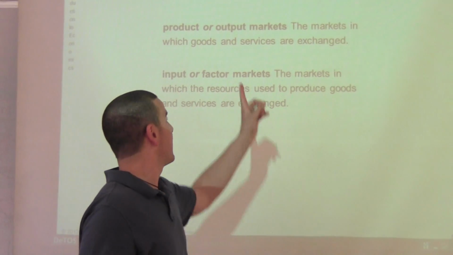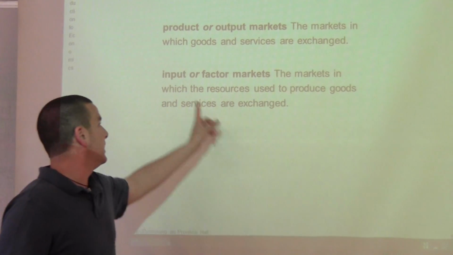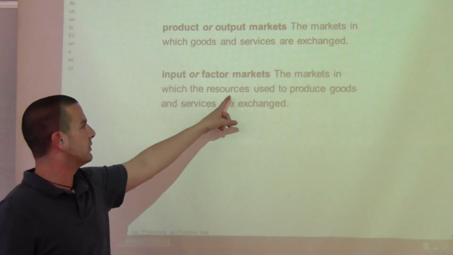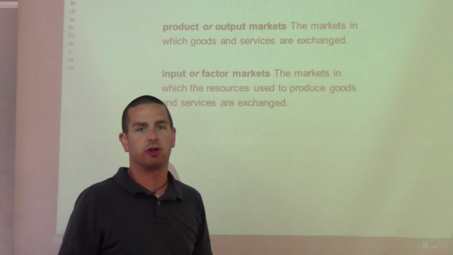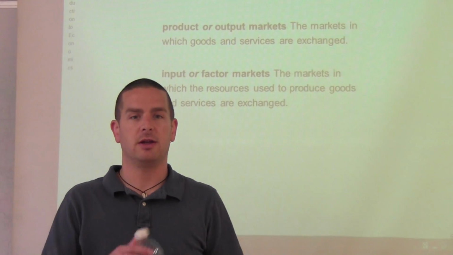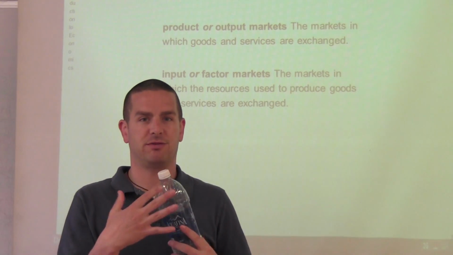I did that on an output market. An input or factor market is where the resources used to produce the goods or services are exchanged. So an input or factor market would be where the plastic was purchased to make the bottle of water.